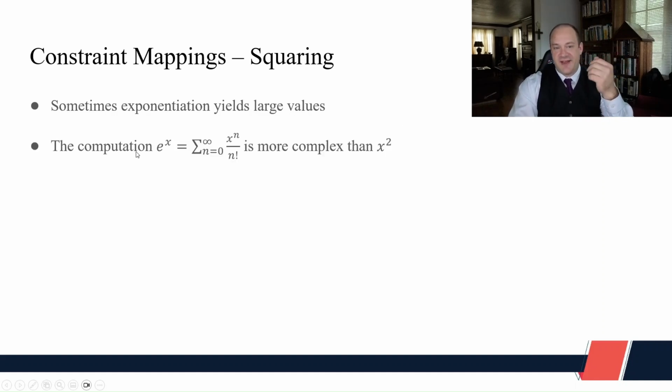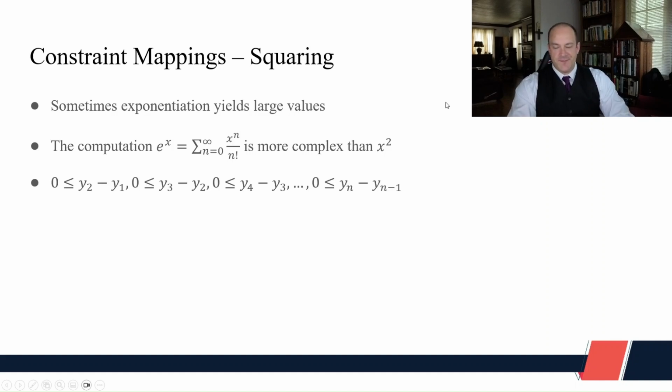The other thing is that the computation itself, of course, because exponentiation, when you write it as an infinite sum, contains a squaring term. Mathematically, we know it's more complex computationally, right? Because squaring is simply one piece of this expansion here, and we just confirmed that when we were looking at the R code. And so we're going to reformulate this problem one more time.